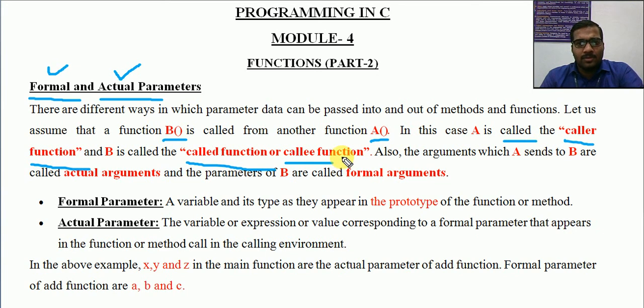When we look at the example, we will use these terms again, caller and callee. Also, the arguments which A sends to B are called actual parameters. So inside A, we are calling B. From where we are calling B, whatever parameters we pass there are called actual parameters.